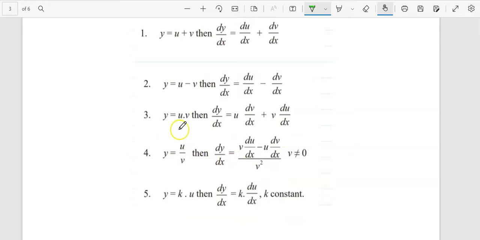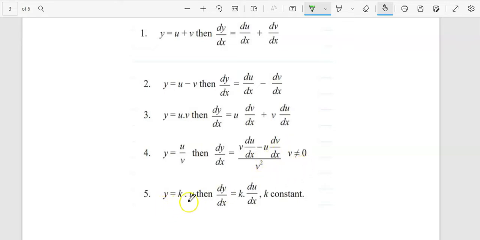If y is equal to u into v, then apply the product rule, that is dy by dx is equal to u into dv by dx plus v into du by dx. Next, the quotient rule: y is equal to u upon v, then dy by dx is equal to v into du by dx minus u into dv by dx, upon v square, where v is not equal to 0.